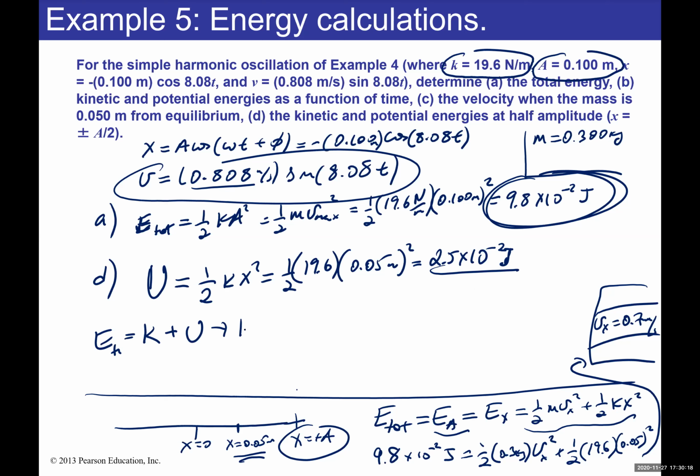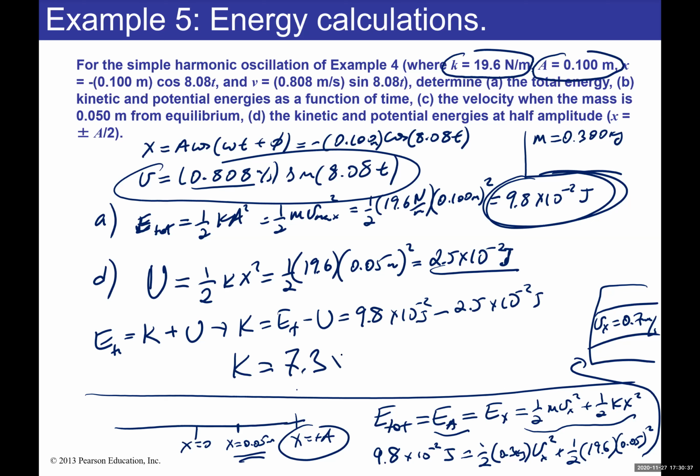All I have to do is say K is equal to total energy minus potential energy, which is 9.8 times 10 to the negative 2 minus 2.5 times 10 to the negative 2 joules. So then kinetic energy will be 7.3 times 10 to the negative 2 joules.